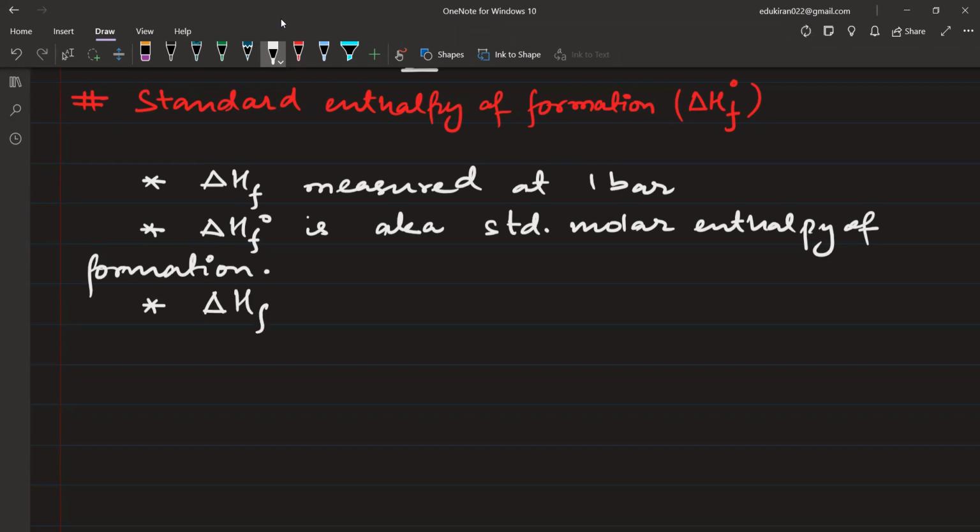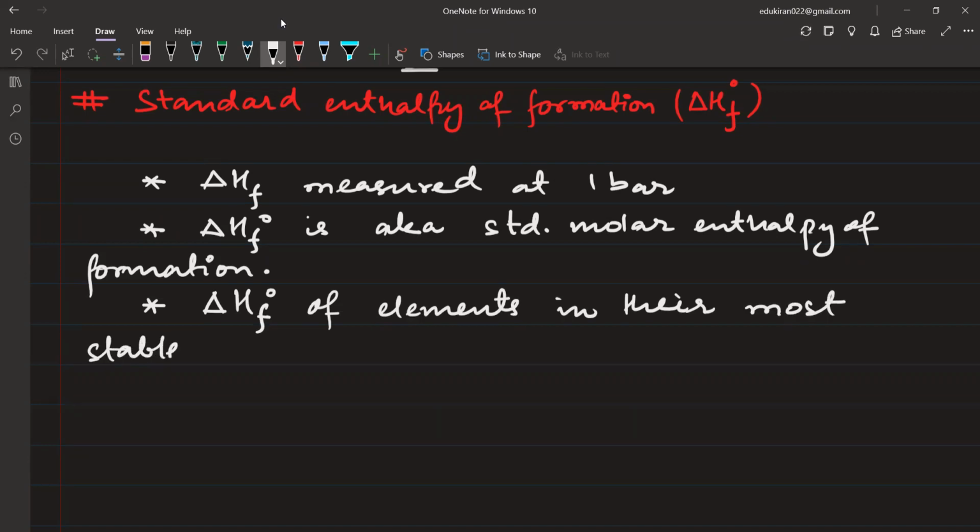Delta HF naught of elements in their most stable state is 0. हम आपको बताते हैं क्यों. Why it is 0? Please.